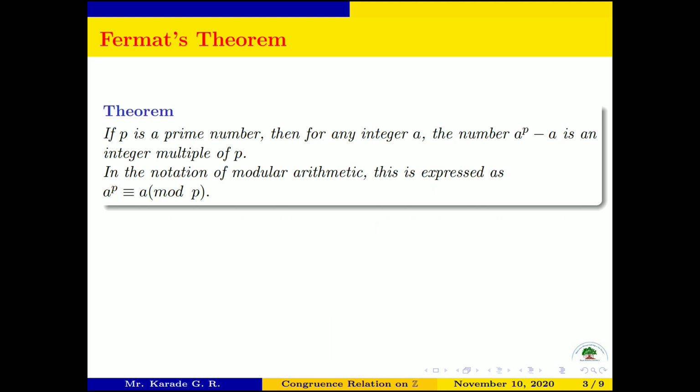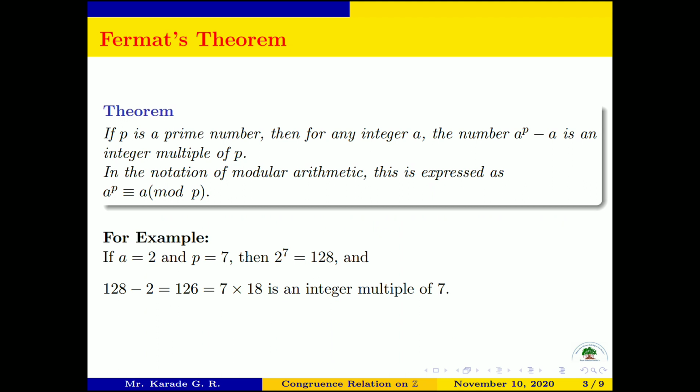Let us take one example of integers which satisfy this Fermat theorem. For example, if a is equal to 2 and p is equal to 7, then we need a raised to p, so we write 2 raised to 7, which is 128, and 128 minus 2 is 126.